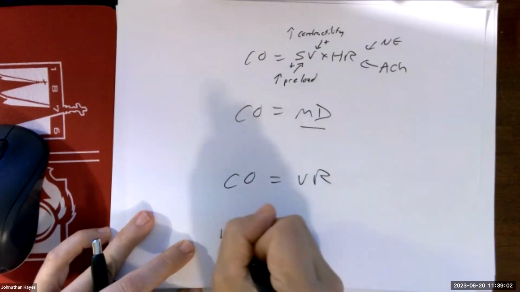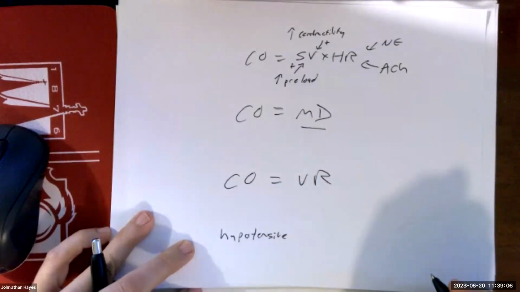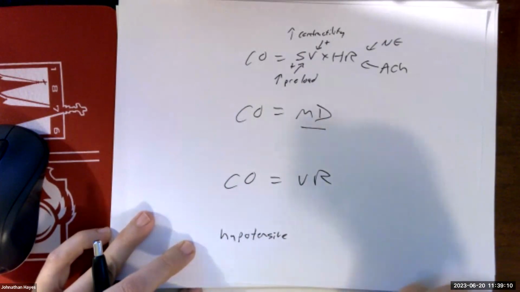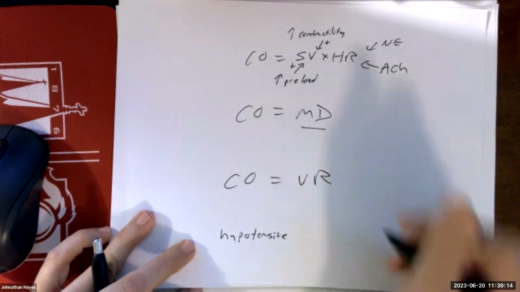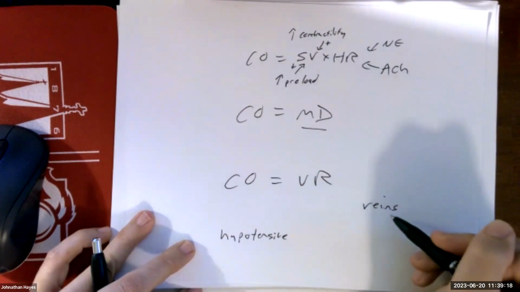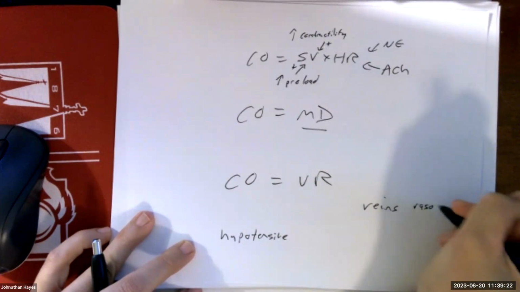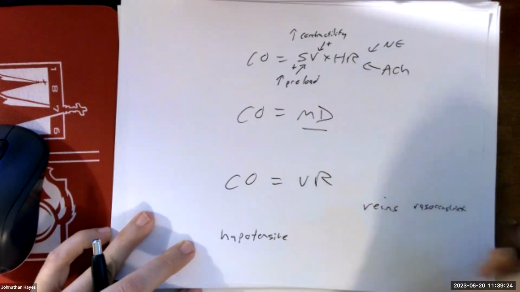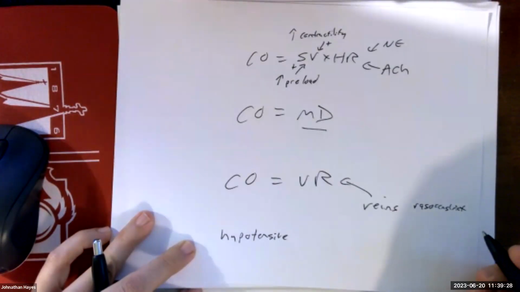So let's say a patient is hypotensive, right? What's one way that we can increase pressure in the vessels? Well, let's just vasoconstrict the vessels. And because veins end up being what's called venous reservoirs, they hold more blood than the arteries do. If I vasoconstrict my veins, that'll send more venous return to the heart, right?